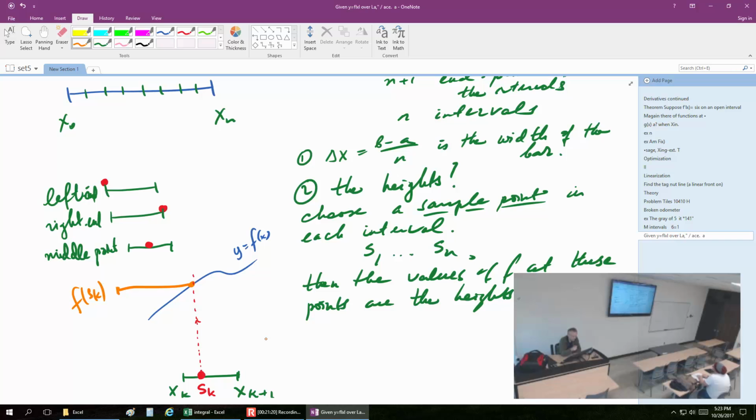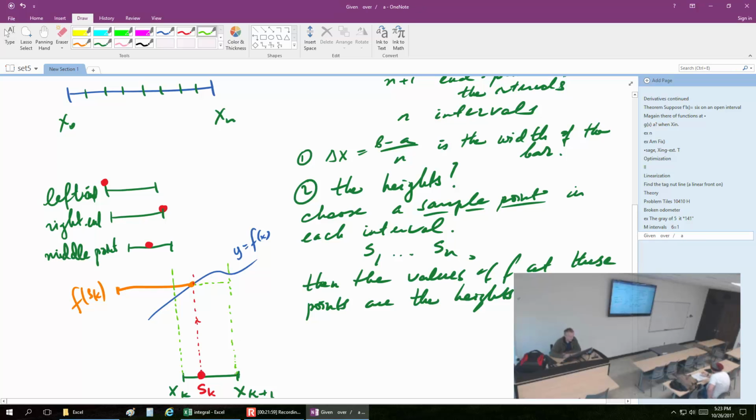Actually show the rectangle. The width of the base is shown at the bottom, and this is the height. So how do I do it? I just follow the top that we have found, to the left and to the right. So I go from xk, the left end of the interval, all the way up. So the left end and the right end. Okay, like this. So that is my board.